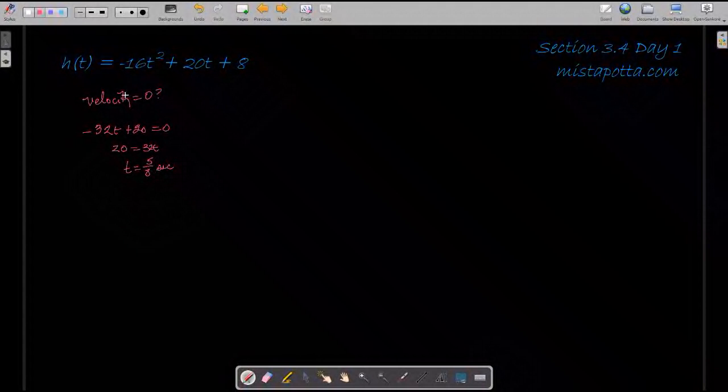That means that my velocity is 0 after 5/8 of a second of this motion.